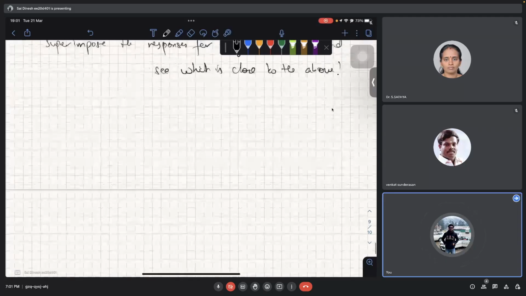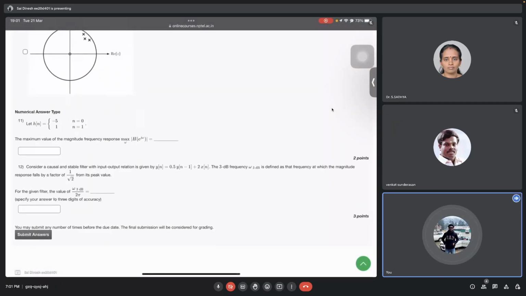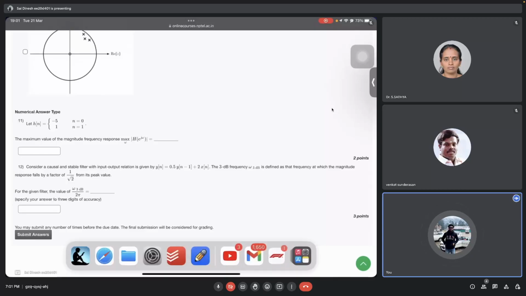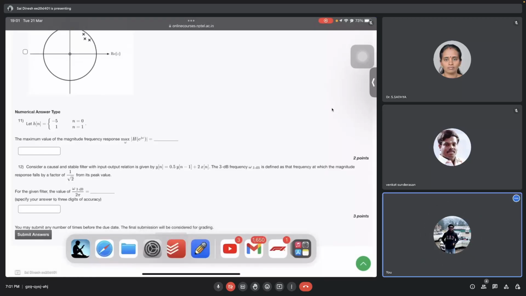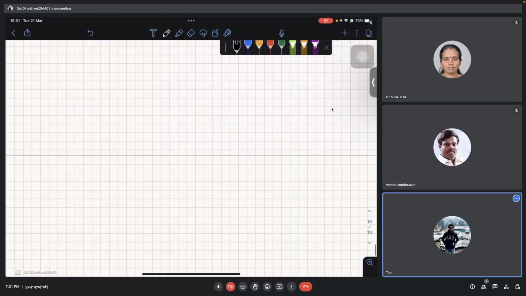Yeah. Okay, so the next is the last question. So let's say numerical answer, h of n is -5 for n equal to 0 and 1 for n equal to 1. Right, so then h of z will be -5 plus z inverse, right?